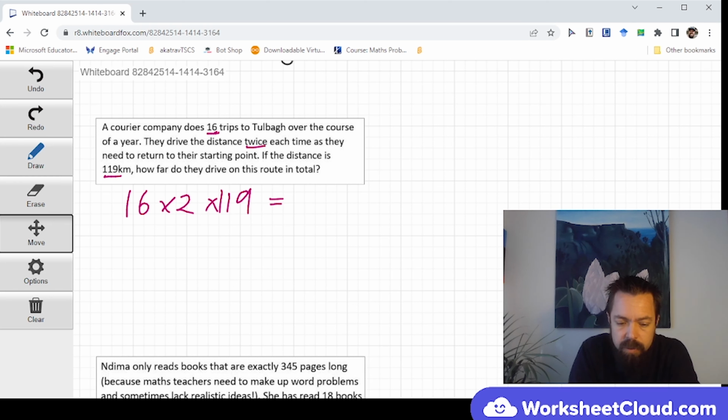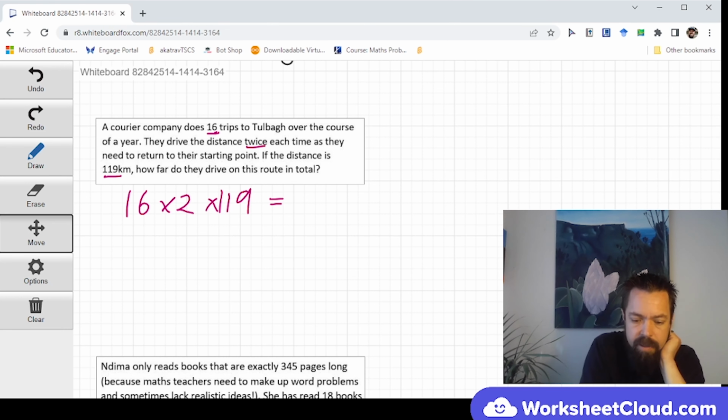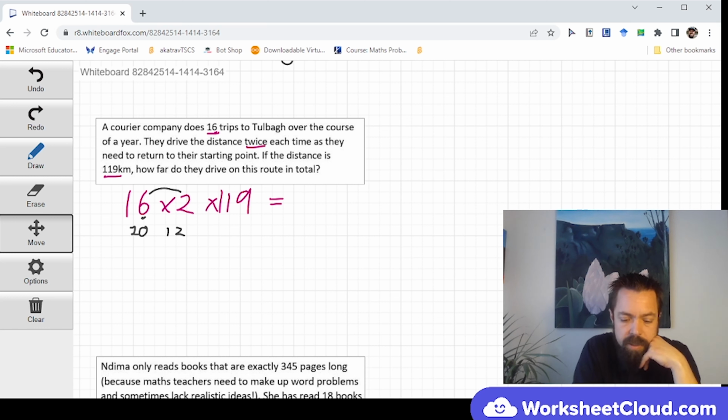So the first thing I would do is get that out of the way. Let me show you how I would do this in my head. I'd first say 2 times 6 is 12. Keep that in my head. So I've got 12 in my head, and then 2 times 1 is 2. So that's 20 because it's actually got a placeholder there.